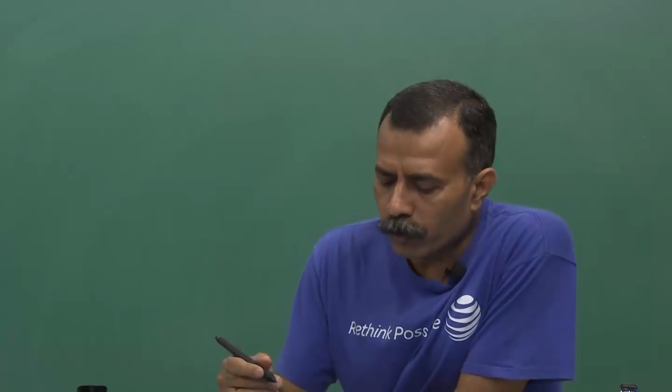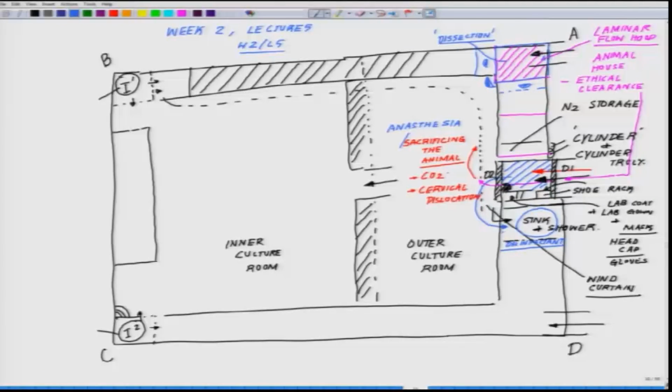So, let us assume in this situation you want to do a CO2 sacrificing. That again brings us to needing a supply of CO2, which most of the labs across the world currently use. You have to have a chamber where you keep the animal, and you have to have a gas supply, something like this, and you allow the animal to have a peaceful death.